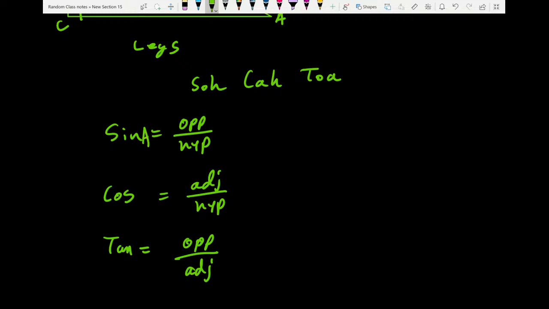So let's use angle A. That would be a over h for sine, b over h for cosine, and a over b for tangent.